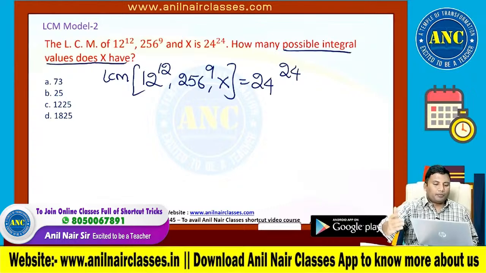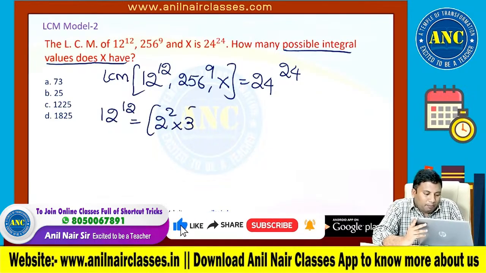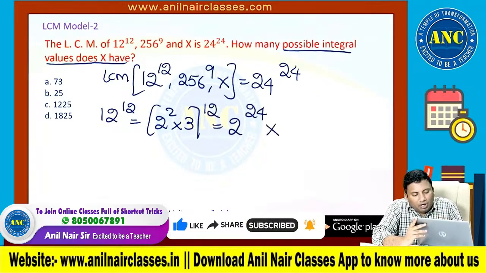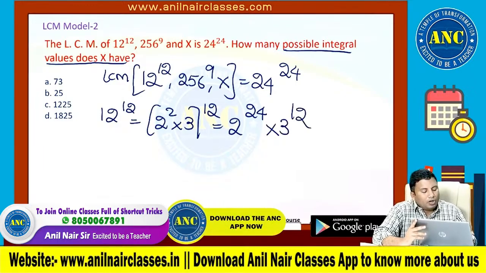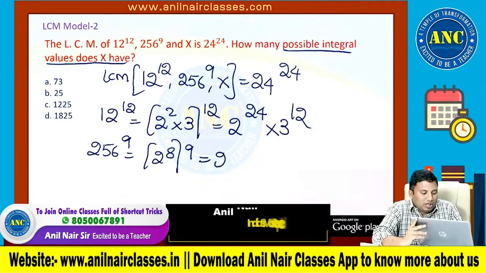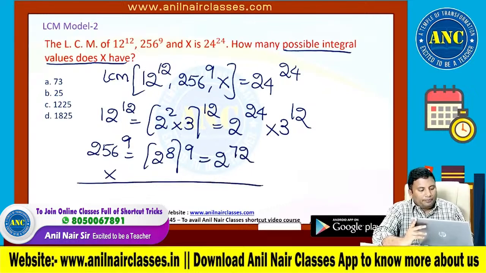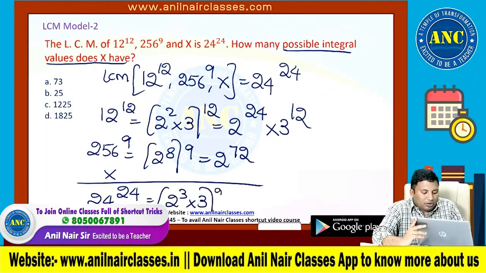Let us see, same step by step. 12 power 12 is 2 square into 3 power 12, which is 2 power 24 into 3 power 12. 256 power 9 is 2 power 8 power 9, which is 2 power 72. x, I don't know. 24 power 24 is 2 cube into 3 power 24, which is 2 power 72 into 3 power 24.